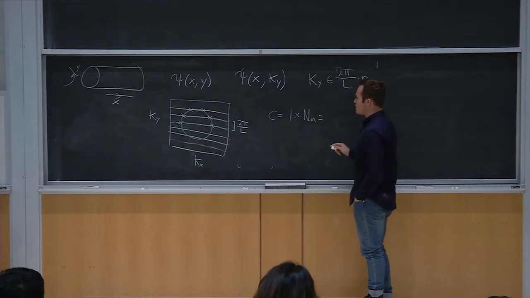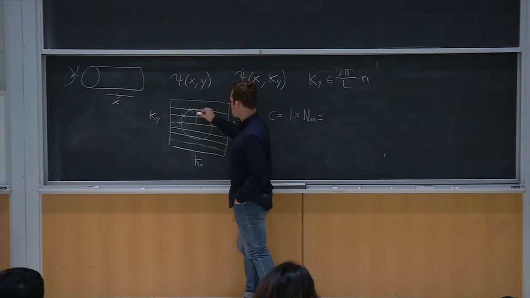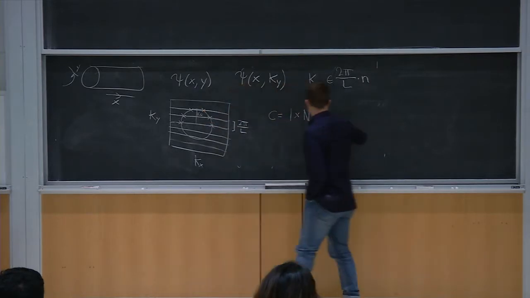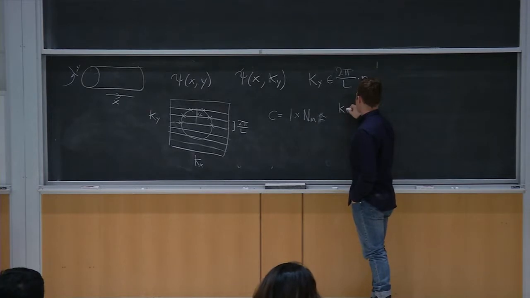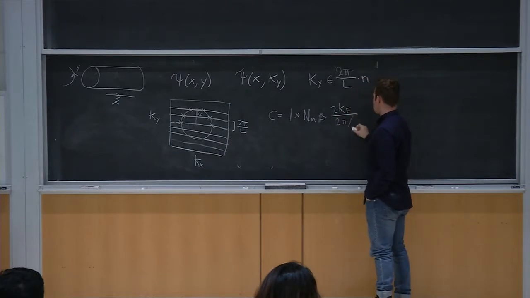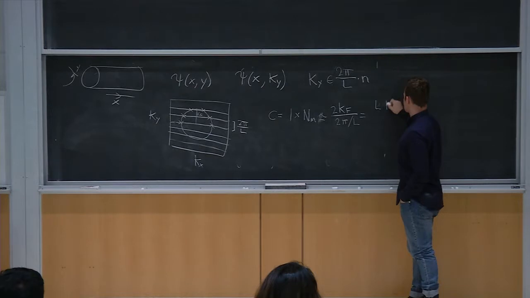And the number of modes here is going to be the width of the Fermi surface, approximately 2kf divided by the distance between the wires, which equals L kf over pi.